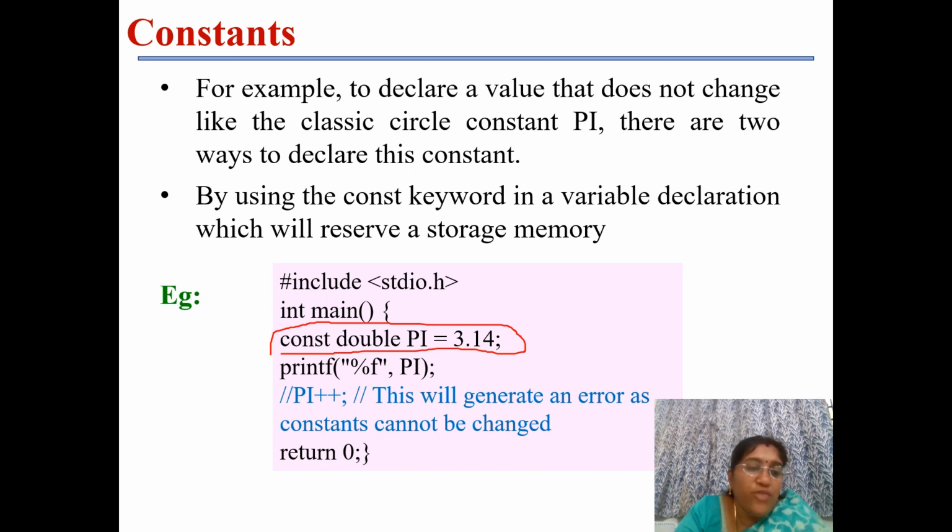For example, in this program's main function we declare pi as a constant and use printf. Then we apply the increment operator to pi. The pi value cannot be changed during the execution of the program, so this will generate an error.